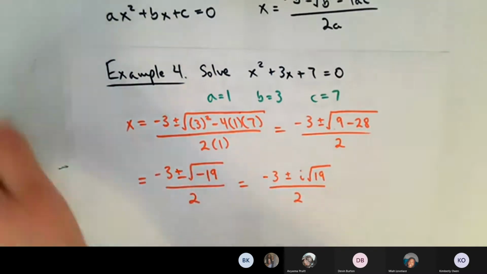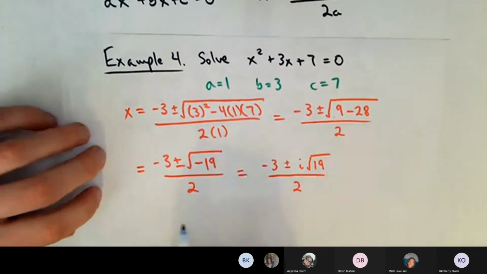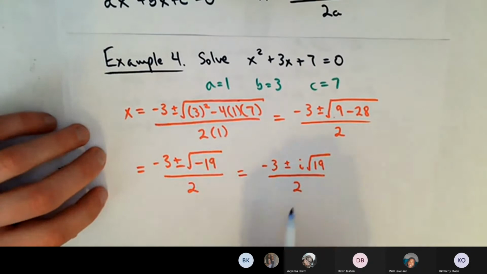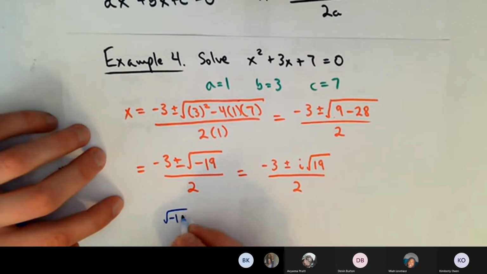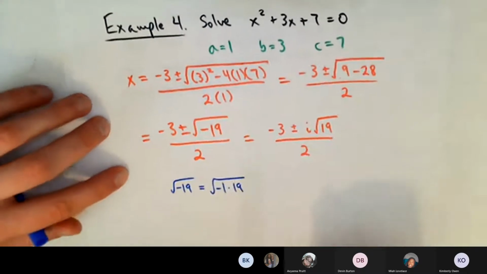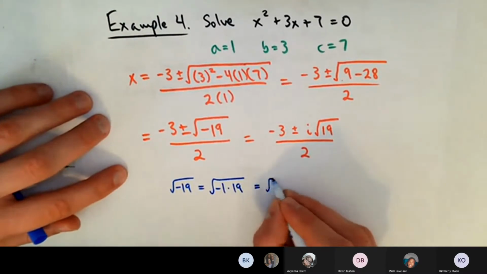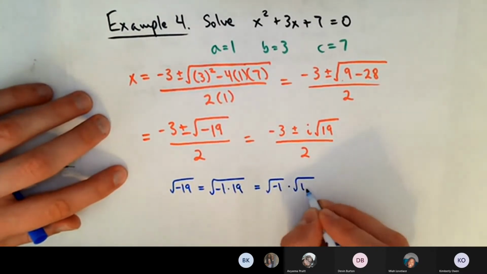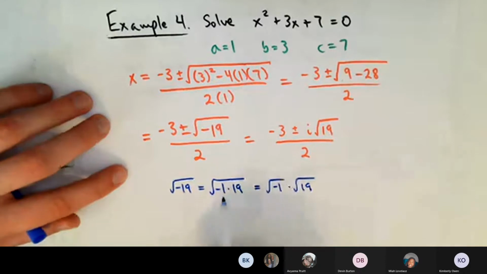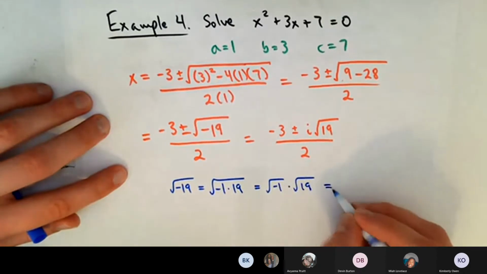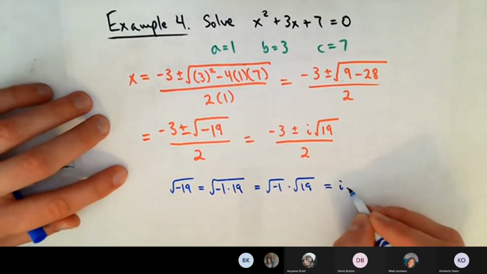And just as a quick reminder, what's the justification for going from that to that? Remember that square root of negative 19 is the same as square root of negative 1 times 19. That's the same as square root of negative 1 times square root of 19, by splitting the radical around the product. But square root of negative 1 is just i.